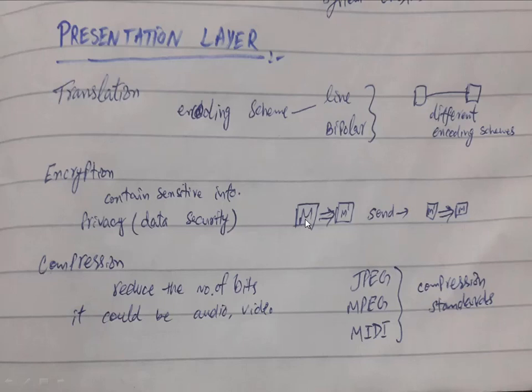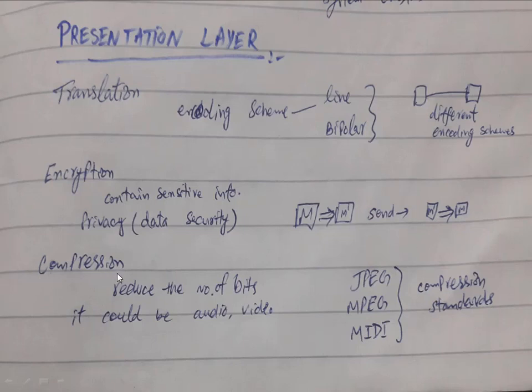If system 1 sends data or message M in encrypted form and it is sent to the next station, then system 2 will convert at the presentation layer the message M dash to M and it is received at the receiver end. This is called encryption.